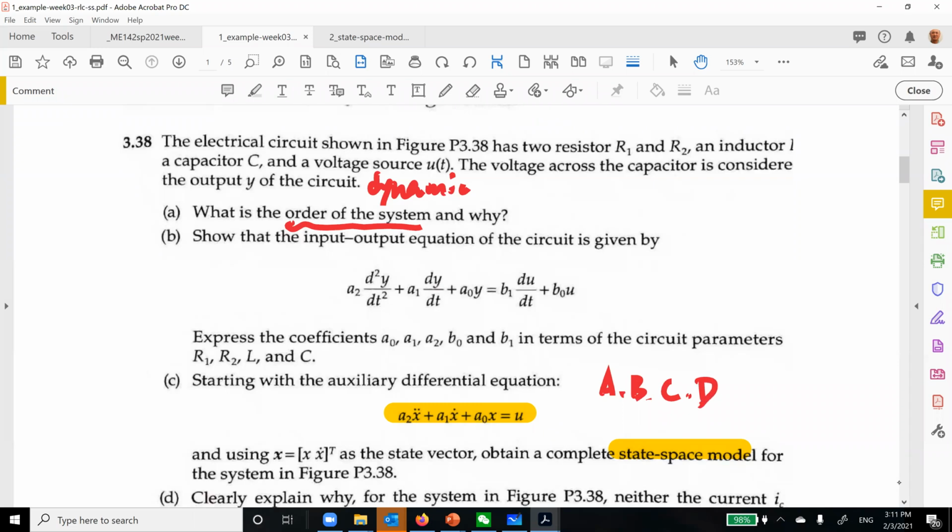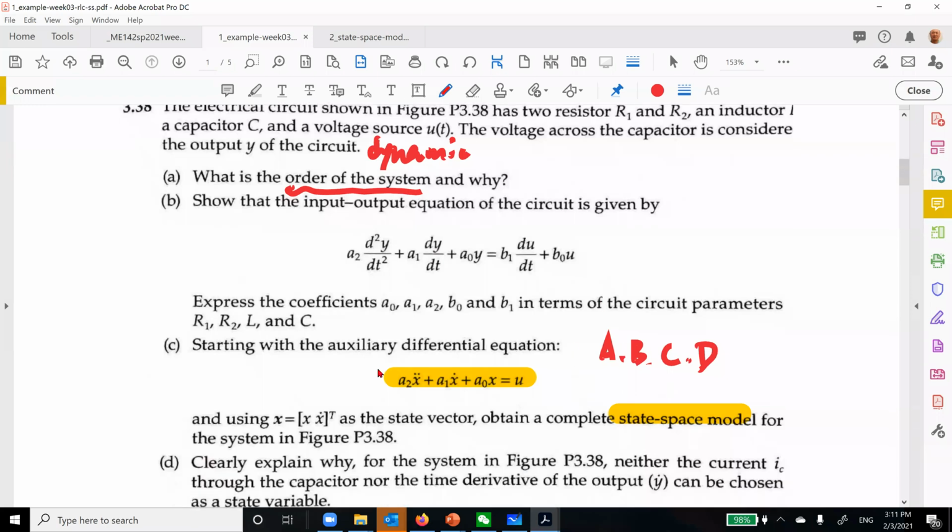Again, ABCD is a state space model. It's a state space description. So that description is never unique. Do you understand? So that's why they ask you to do an auxiliary differential equation like that.